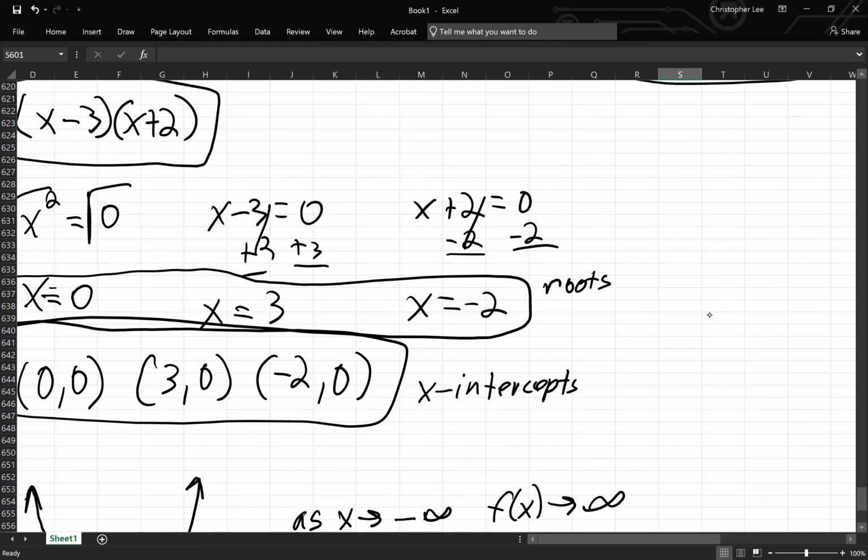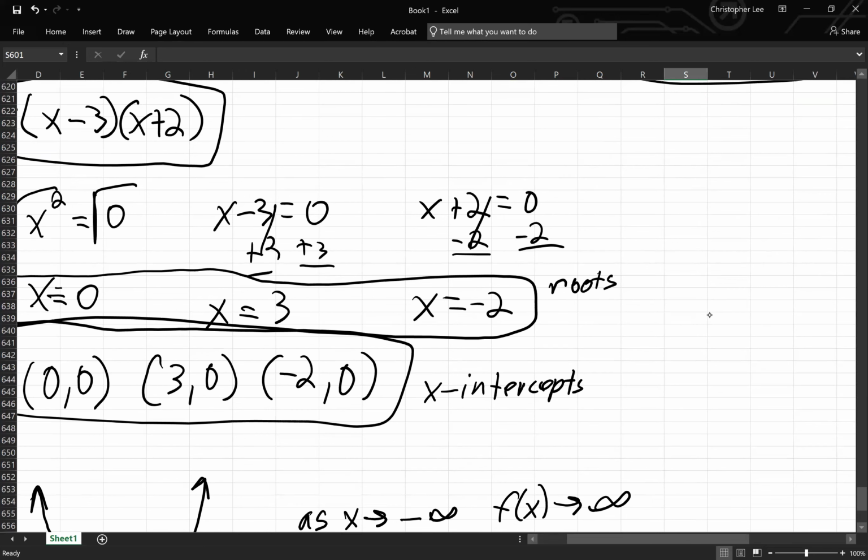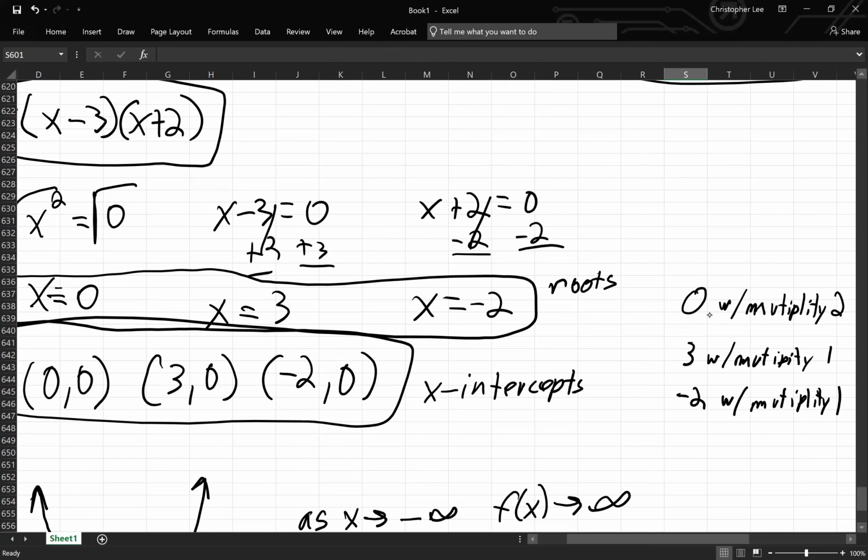We have 0 with multiplicity 2, 3 with multiplicity 1, and -2 with multiplicity 1. Okay, right? Remember what happens now.